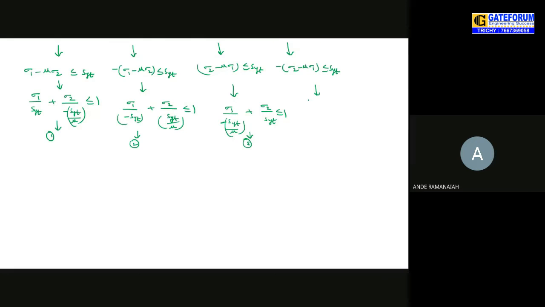Sigma 1 by plus SYT by mu minus sigma 2 by SYT should be less than or equal to 1. This is equation 4. Is it clear? So I got 4 equations from the governing equation of the maximum principal strain theory, or maximum normal strain theory.